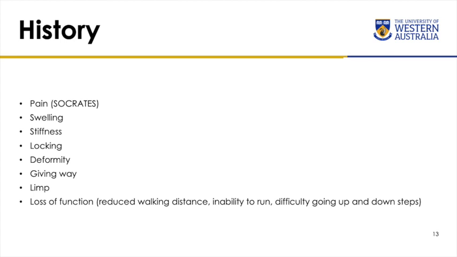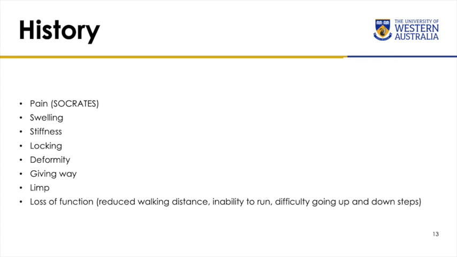Stiffness is a common complaint and should be distinguished from inhibition of movement due to pain or simply weakness. Stiffness is classically seen in osteoarthritis, usually presents after periods of inactivity, such as first thing in the morning.